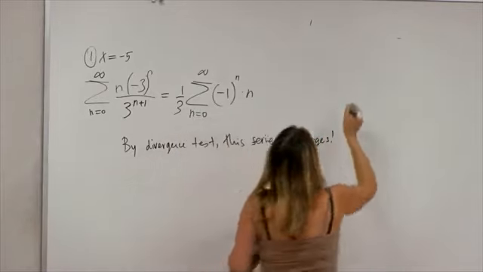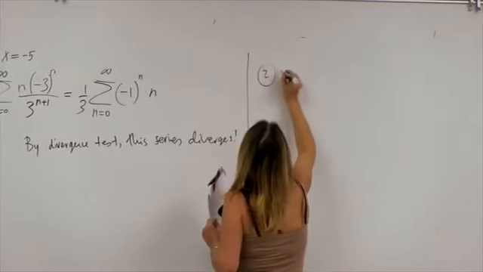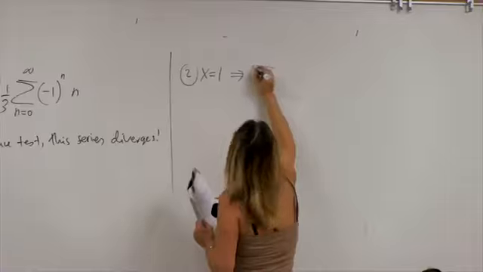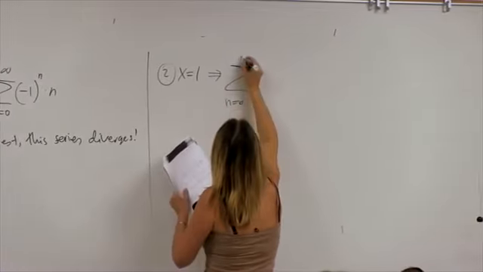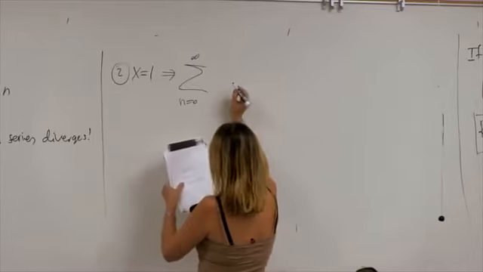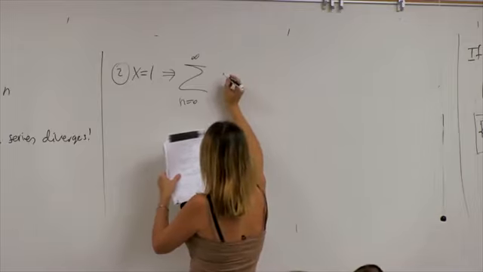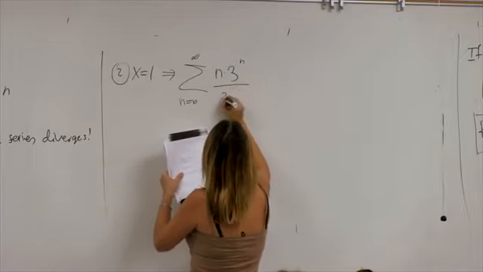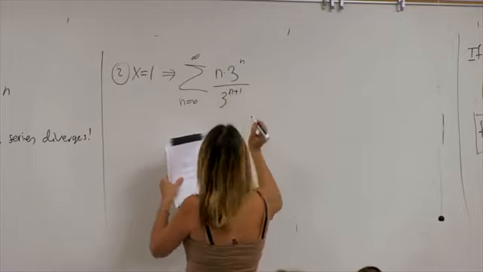The second and last point is x equals 1. So we have to rewrite our series. We have n times 3 to the n divided by 3 to the n plus 1.